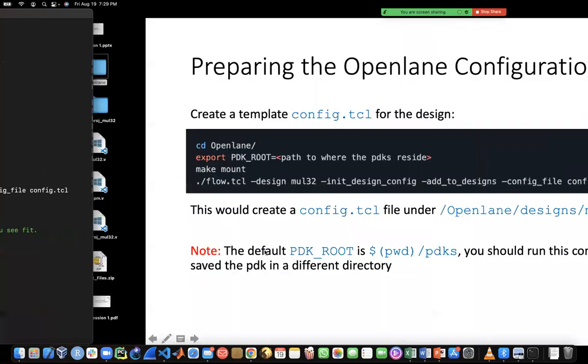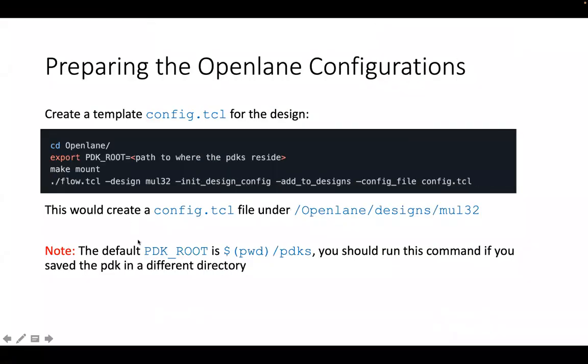So I guess I can stay on this slide for a bit, as it's a long command. Again, this command is mainly to create a template configuration file and add it to the mul32 folder, which is our design directory.